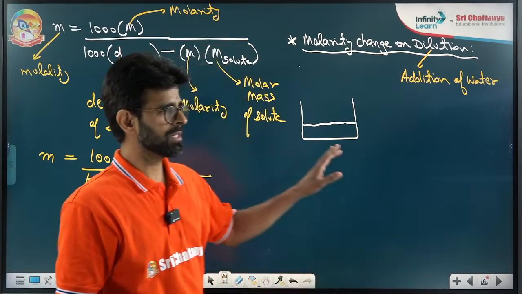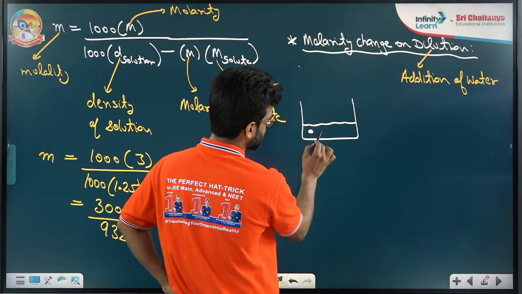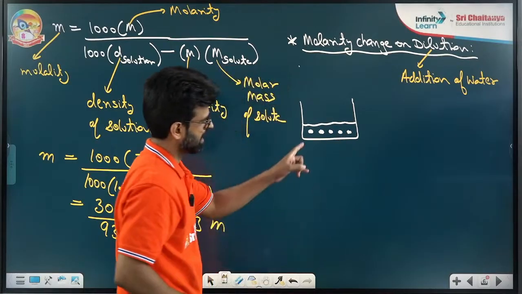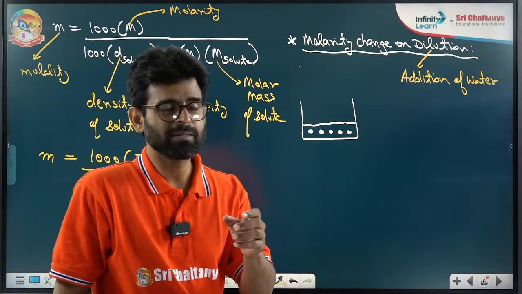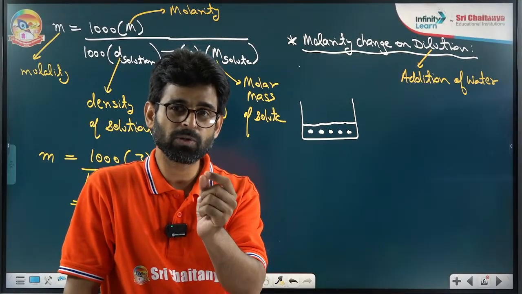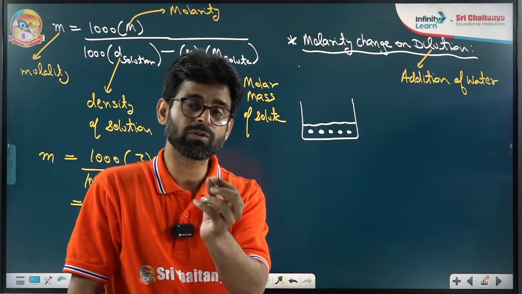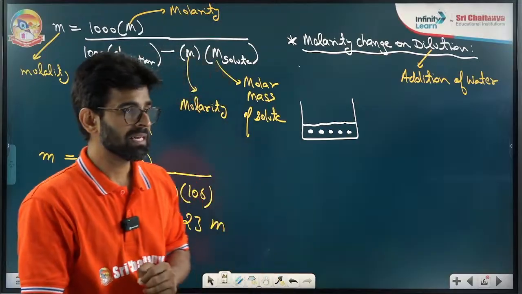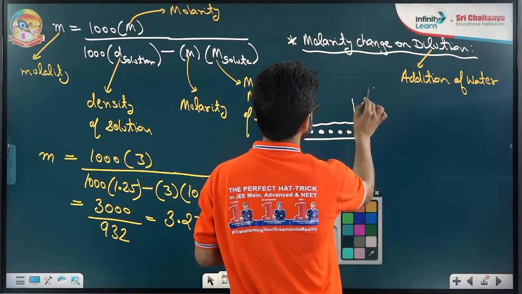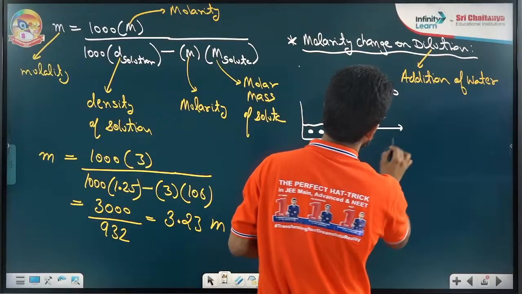So we have a solution here. In this solution, imagine I am having 5 particles of solute. It is not possible to directly show you particles, but I am showing here some water, and in that some solute particles. In this solution, imagine I am adding an extra amount of water.